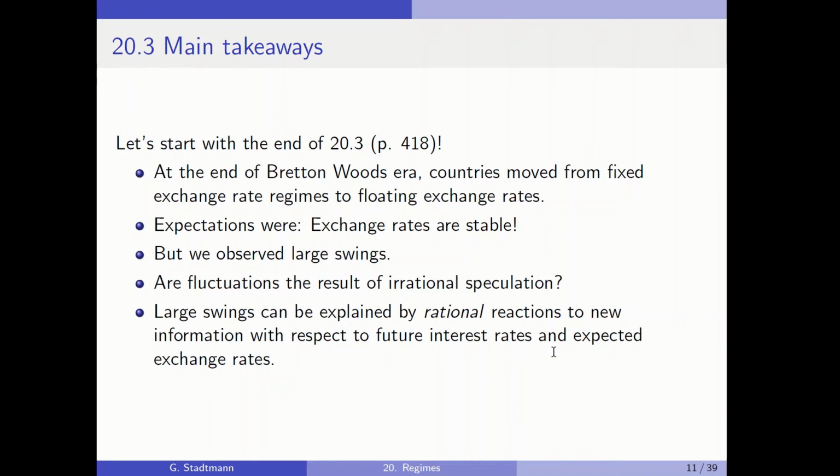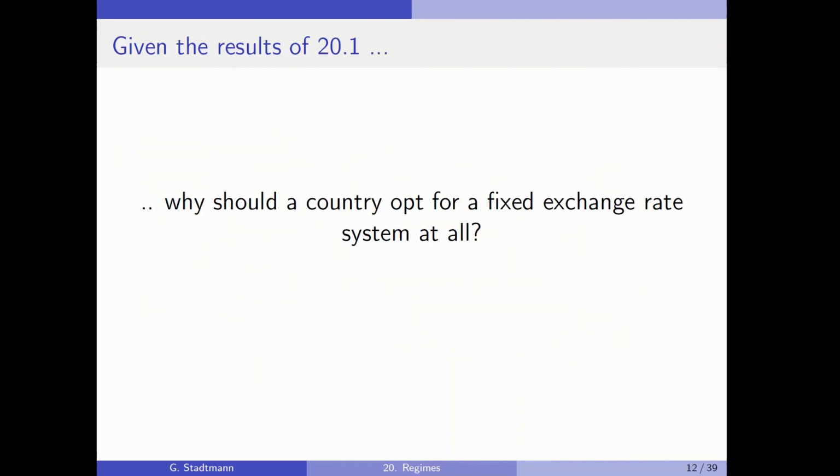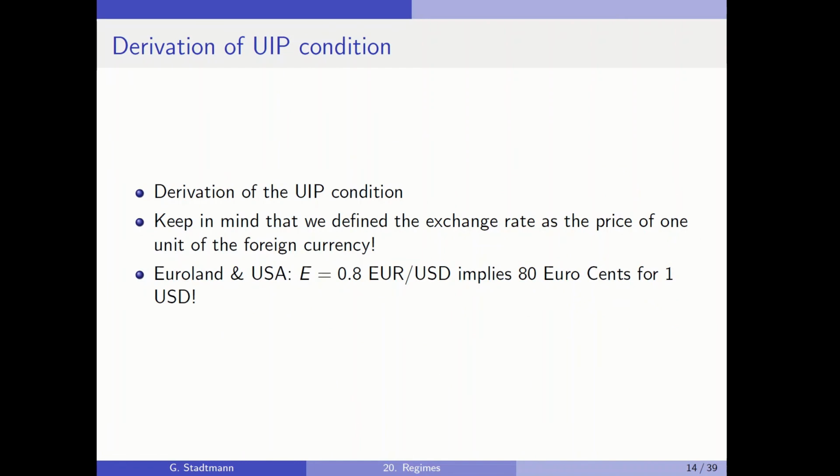And in order to confirm this last bullet, we need to derive the so-called UIP condition, the uncovered interest rate parity condition. Let's do so. In the next few steps, we want to derive the UIP condition in order to prove this last bullet I was talking about.